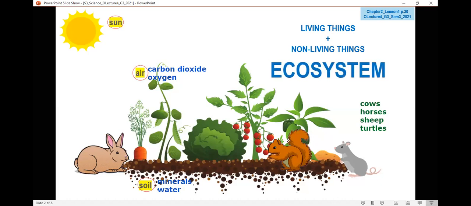An ecosystem. So in a place, for example in Sur, there are living things, which are the people, the animals, and the plants.